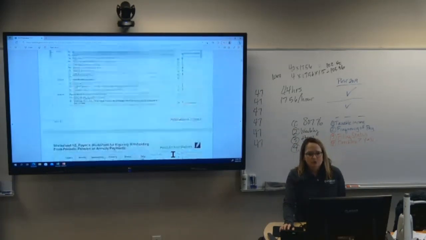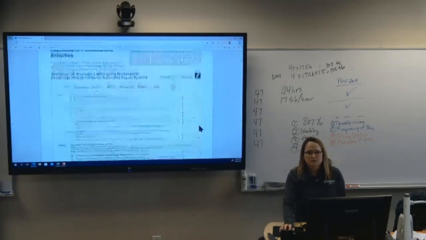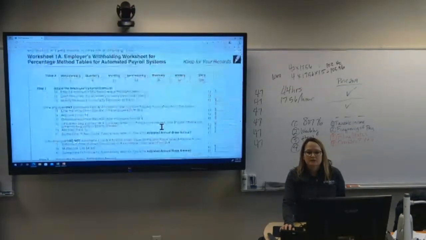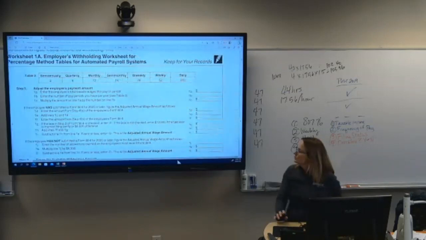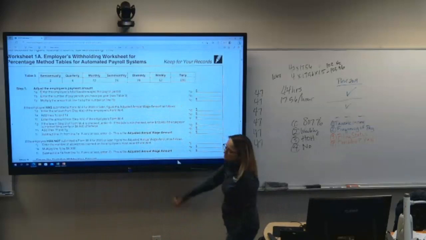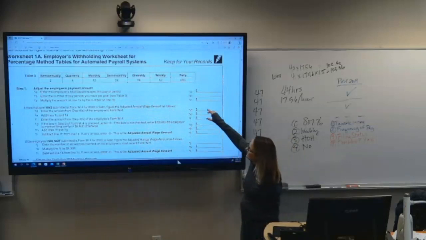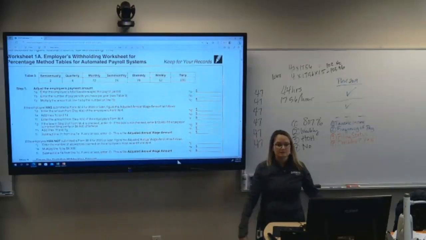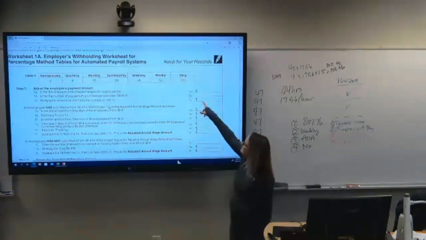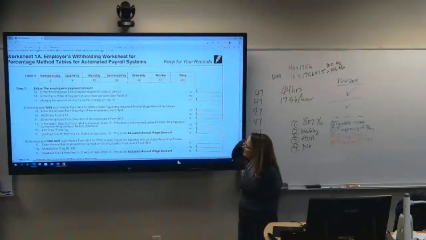But on this worksheet, you start with the pay period amount. So for example, enter the employee's total taxable wages this pay period. Say it's $1,000. Enter the number of pay periods you have a year. Biweekly, we'll say 26. So multiply those, 26,000.